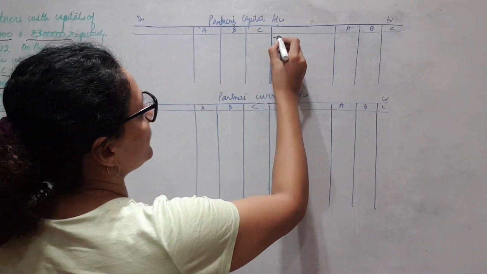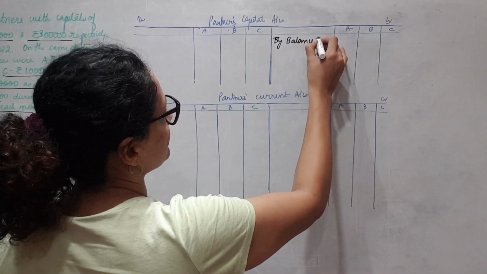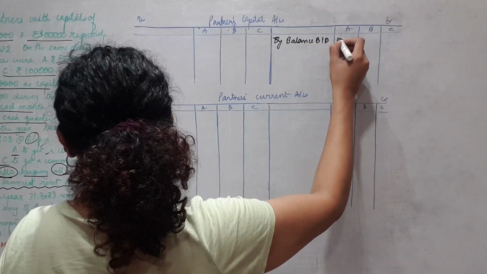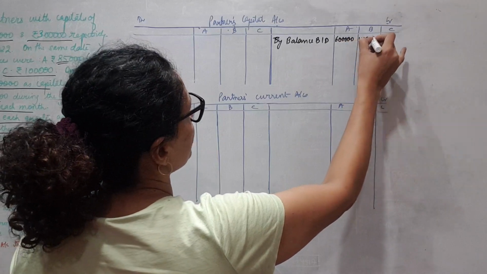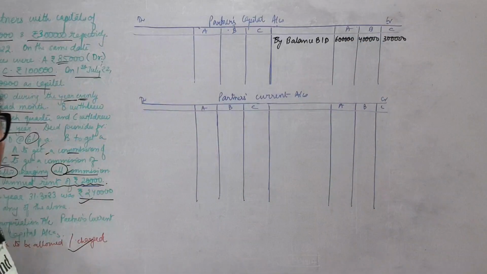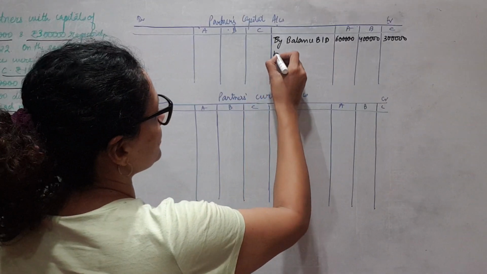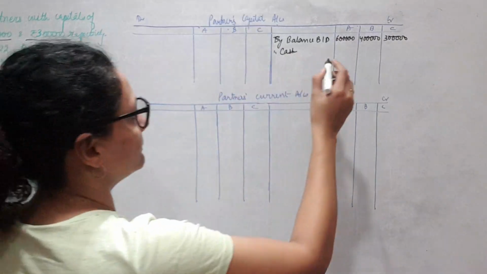So we'll start with by balance brought down the opening balances of 6 lakhs, 4 lakhs and 3 lakhs. This was their opening capital. C has brought in additional capital. So please write here by cash or bank, both will be okay.